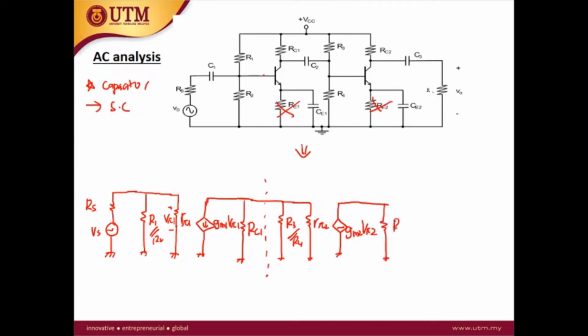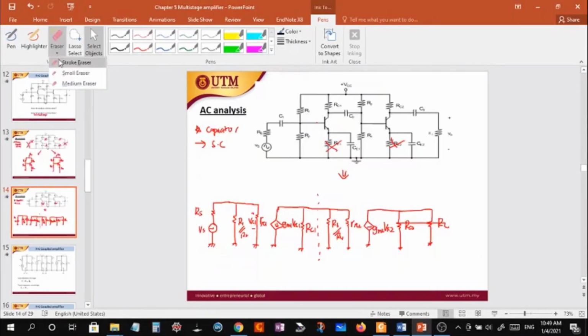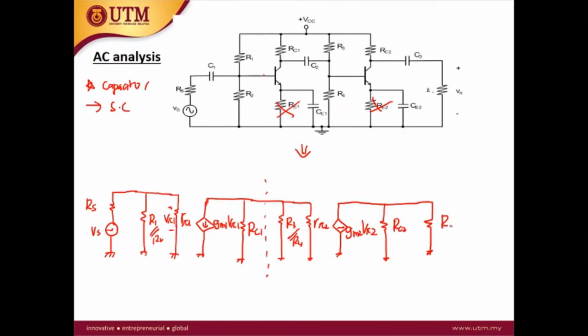This is your RC2, and then lastly it is connected to the RL. So this is stage 1 and this is your stage 2.